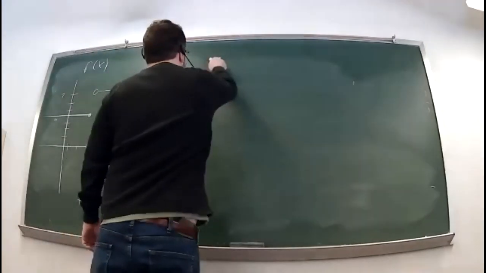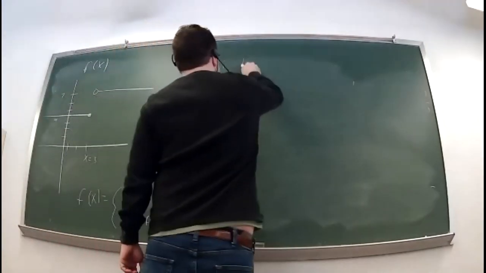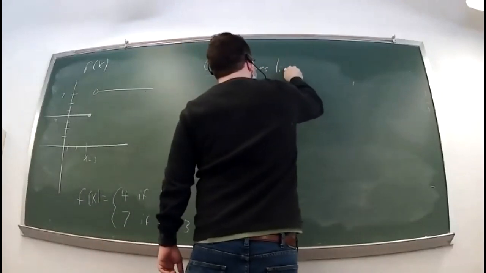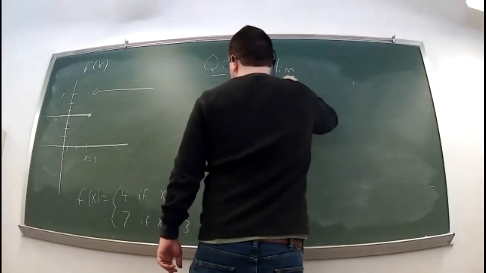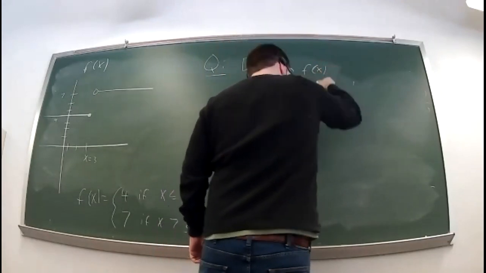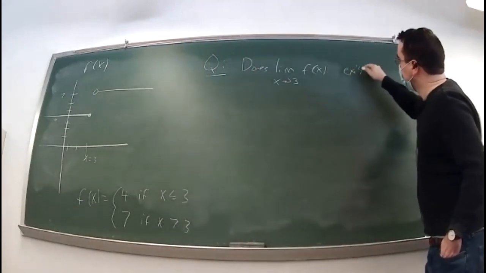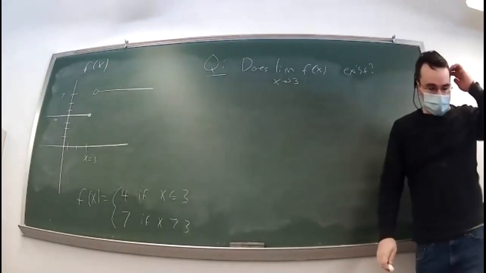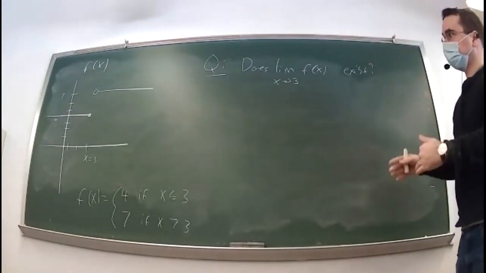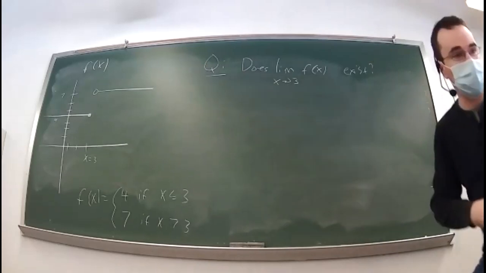And so like my first question, I could ask you a series of questions. So the first question is, does the limit as x approaches 3 of f of x exist? Which is to say, is there a single number L such that f of x is definitely close to L if x is close to 3?